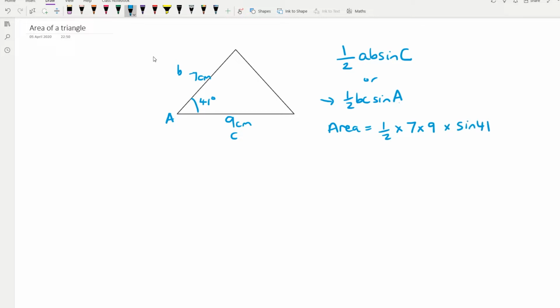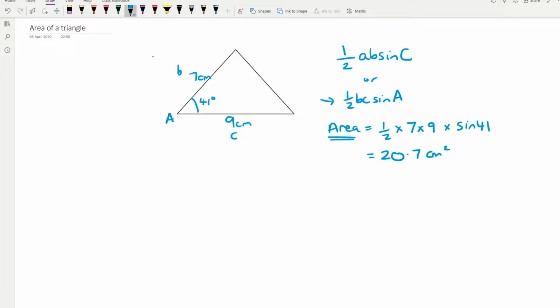So I grab my calculator, and I've got half times 7 times 9 times sine 41, and this will always find you the area of the triangle itself. Because it's area, we need to make sure, and I'm rounding it, it's centimeters squared.